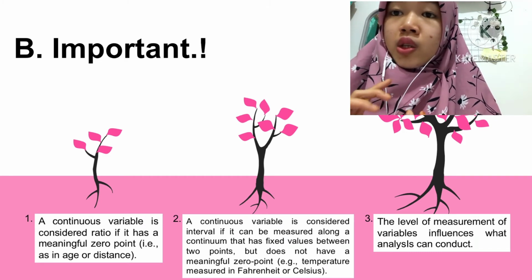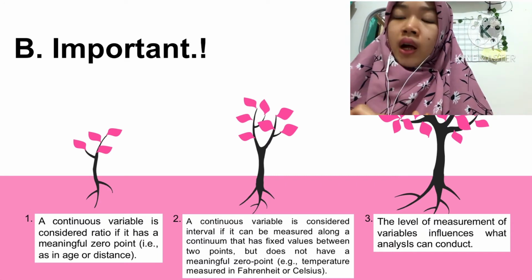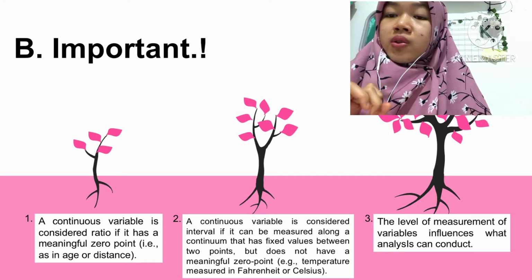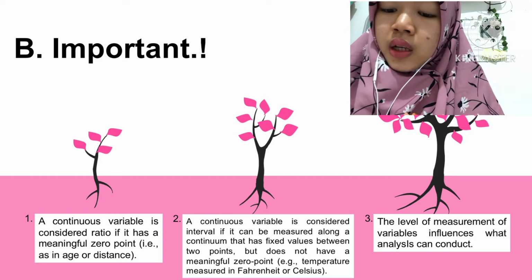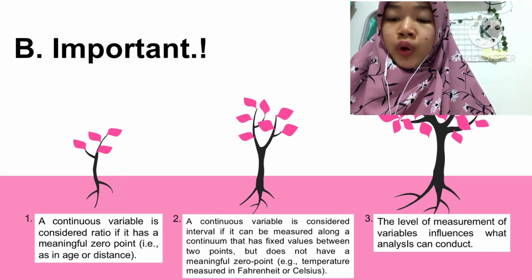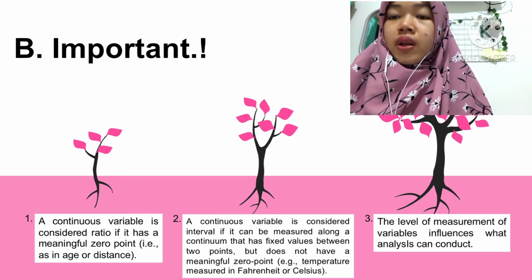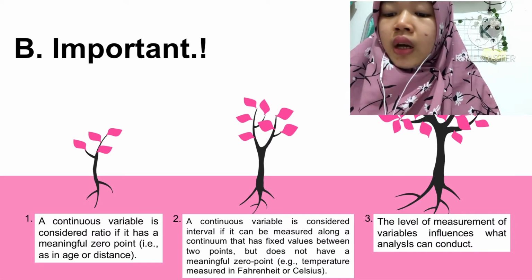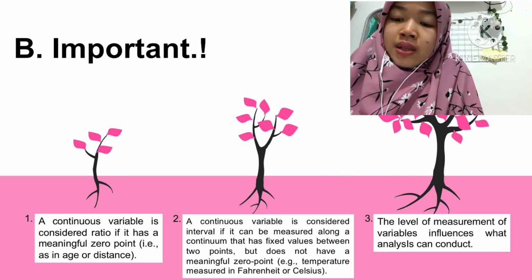A continuous variable is considered interval if it can be measured along the continuum but doesn't have a meaningful 0 point, for example temperature measured in Fahrenheit or Celsius. And the level of measurement of a variable influences what analysis can be conducted.